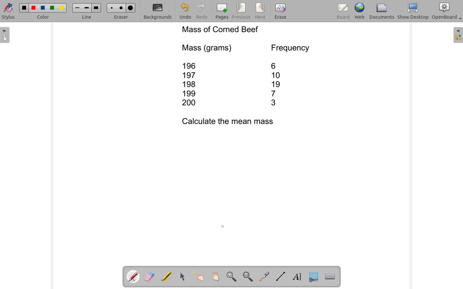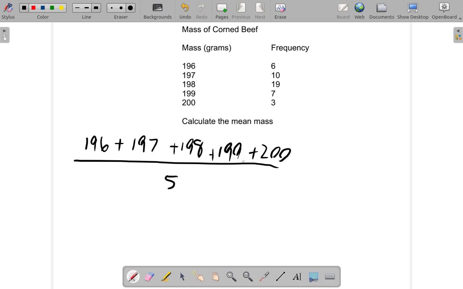For example, some persons might say you have 196 plus 197 plus 198 plus 199 plus 200, and there are 1, 2, 3, 4, 5 of them, so you divide by 5.